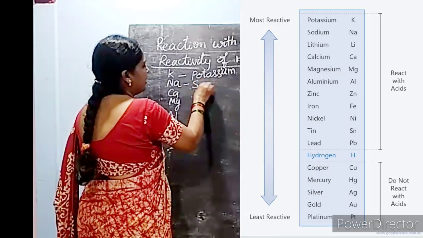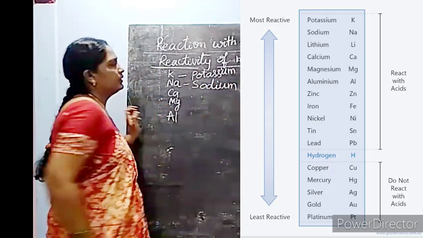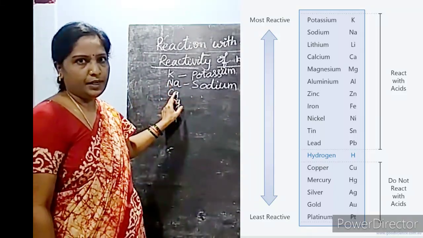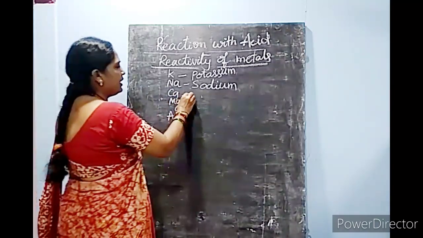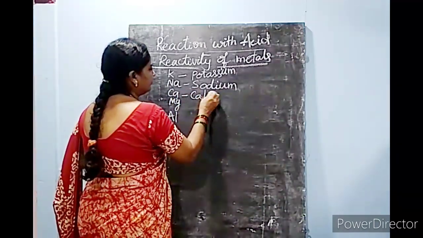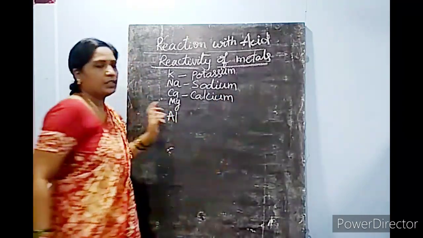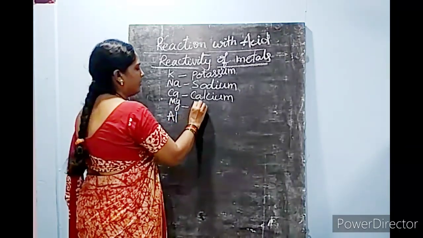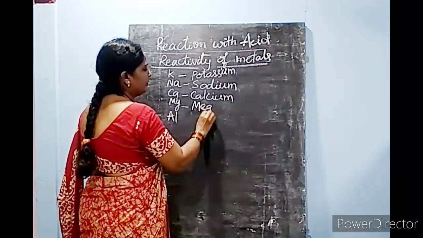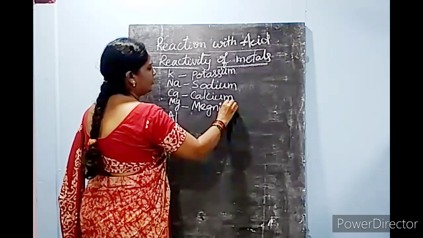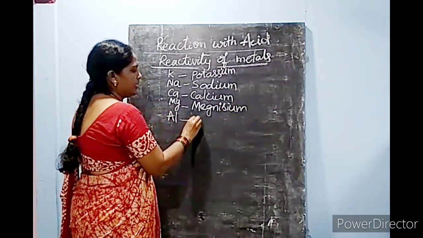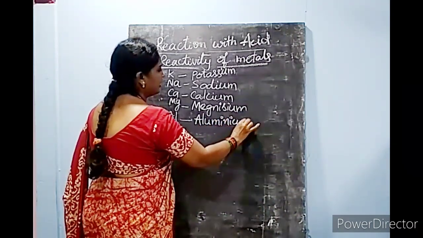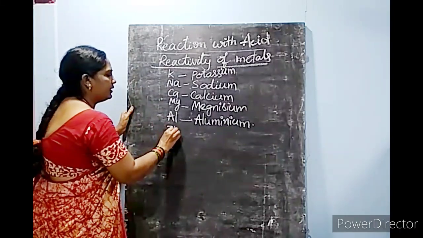And Na is sodium. Sodium's Latin name is natrium, that's why the symbol is Na. And Ca is calcium. Mg is magnesium. And Al is aluminium.